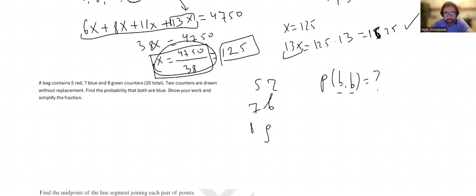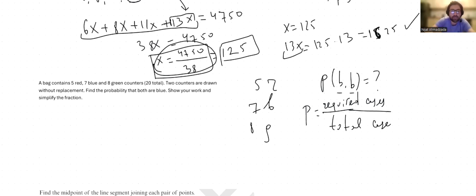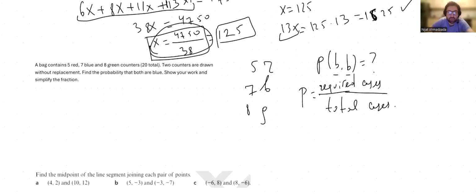So probability of anything is the required cases, or satisfying cases, over total cases, okay? In this case, total cases are what? It's given over here, 20, right? 5 plus 7 plus 8. So total cases are 20.